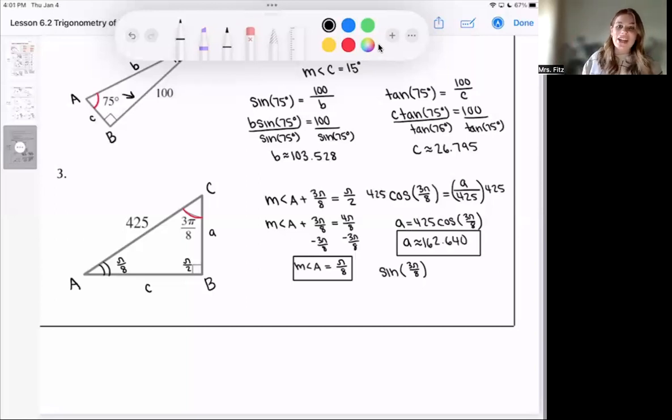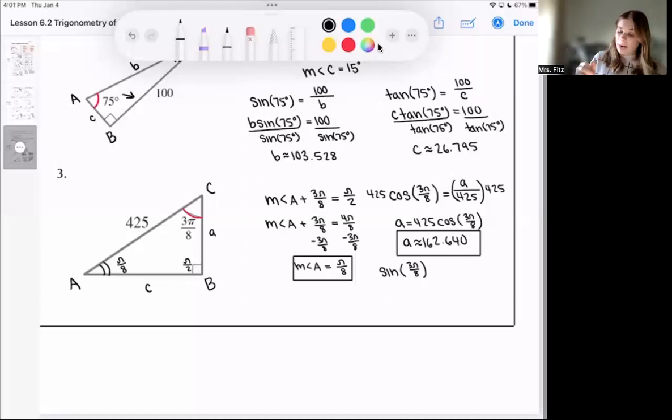That's me trying to save time, not punching that into a calculator for you guys. 162.640. But if you didn't get either of those answers for A or C, you probably were in degree mode still, so don't forget to switch your calculator back over to radians. To do that, you hit second mode, and then you should be able to go down and select radians instead of degrees.